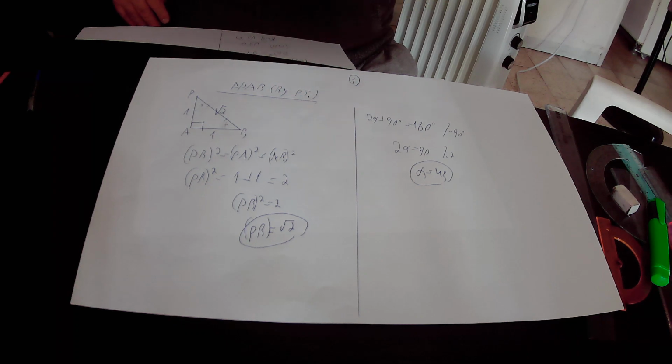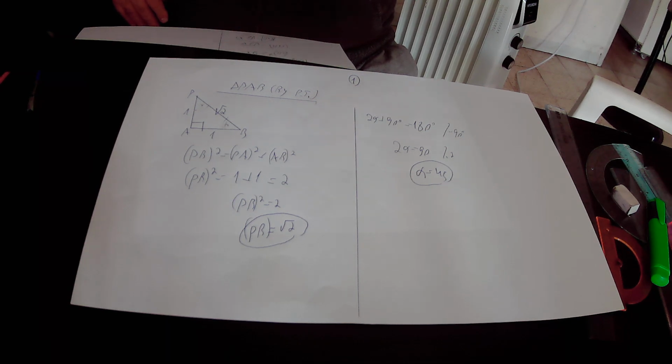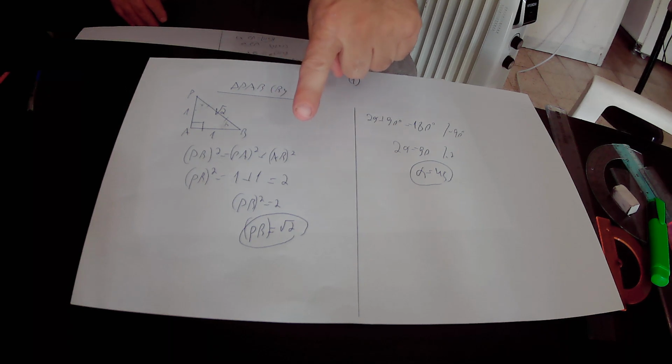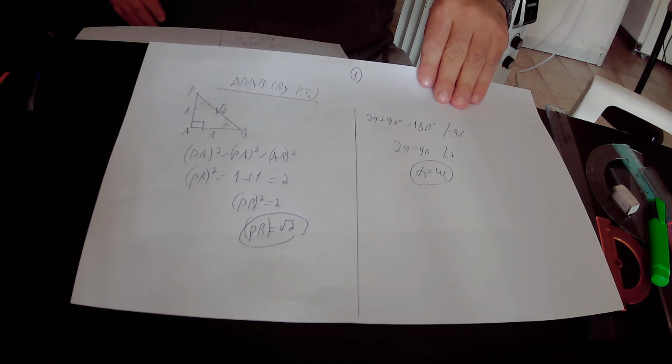So PB square, the square of the hypotenuse, equals PA square, PA is 1, so that is 1 square, that is 1, plus AB square, AB is 1, so that is 1. So in total, PB square equals 1 plus 1, that is 2. Taking the square root of this equation, we finally found that the length of the hypotenuse PB equals the square root of 2 units.